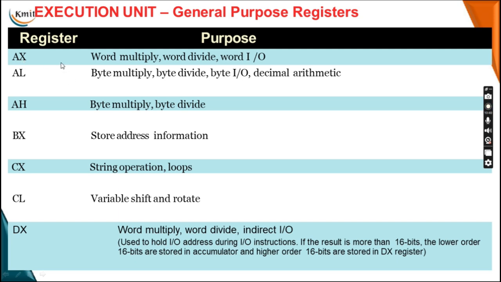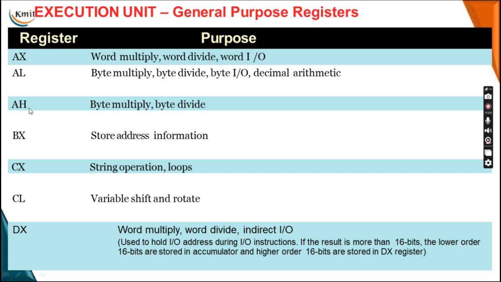Right? So as we all know, AX is split into two 8-bit registers, nothing but byte registers: AL, the lower byte register, and AH, the higher byte register. They can do similar operations to what the accumulator can do.